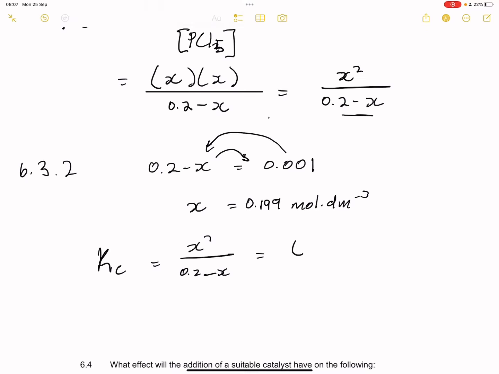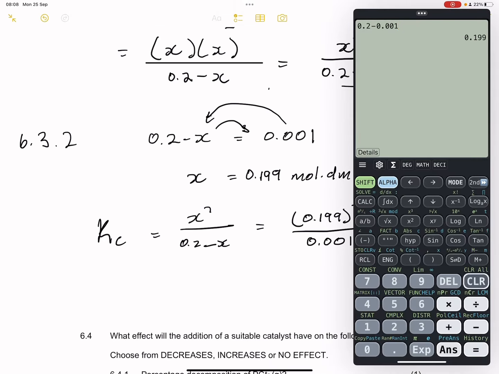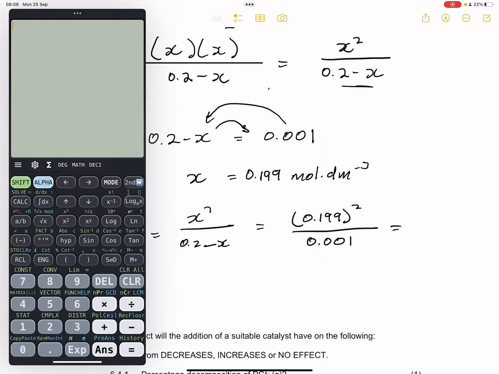So our x value, that's 0.199, squared, divided by, in this case, our 0.2 minus x, which was given as 0.001, the concentration of PCl5. I don't know why I removed that value, 0.199, and we square that value.